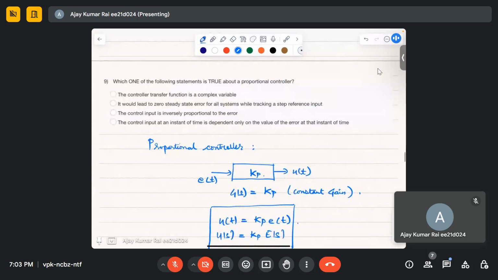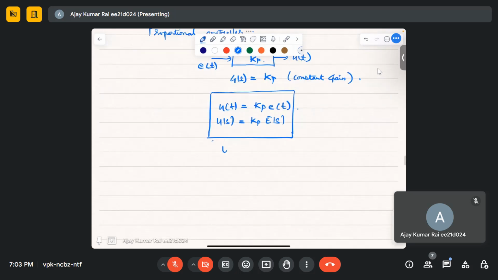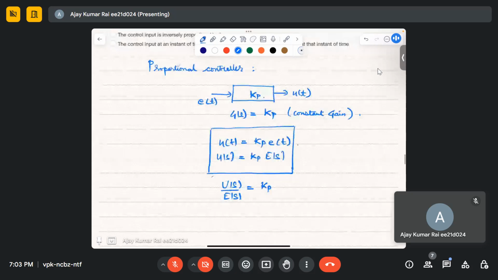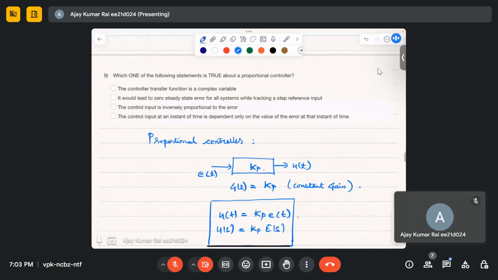I'm reading out the first statement to find out whether it is true or not: the controller transfer function is a complex variable. This is the transfer function, and it's just a constant, right? It's not a complex variable. So the statement is false.